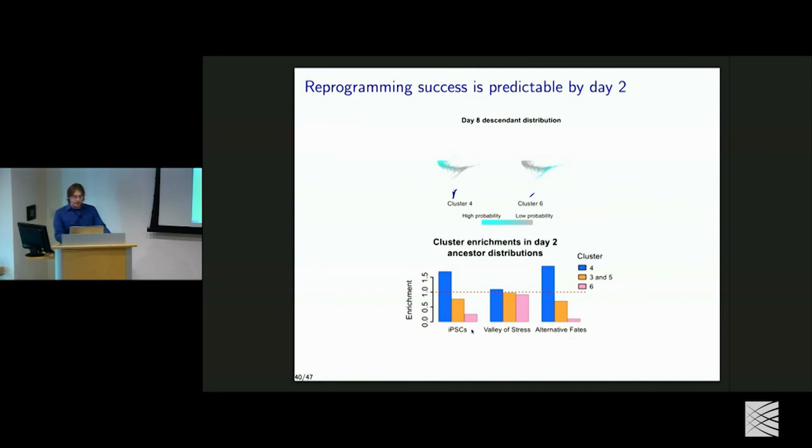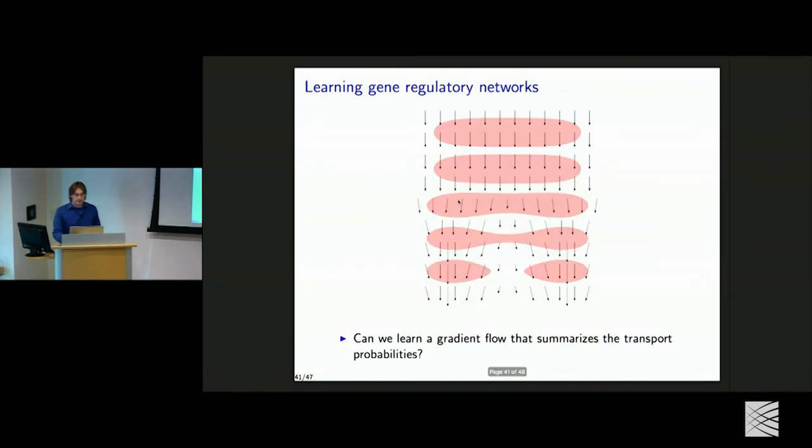So for example, if you come from an induced pluripotent stem cell, then your ancestors will largely be in cluster 4 and less likely in the other clusters. So this is just exploring where cells came from and where cells went. And this split that we see on day 2 is somehow predictive of reprogramming success.